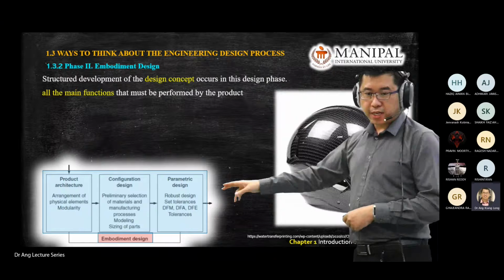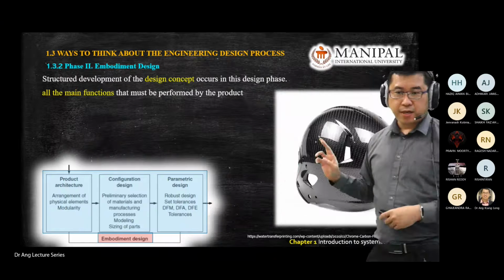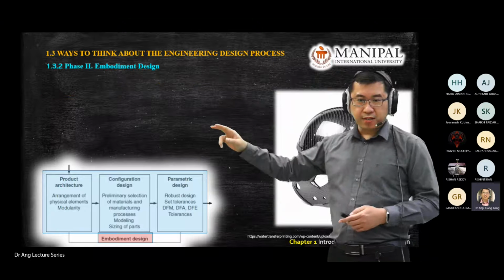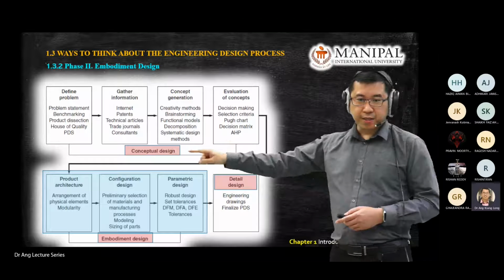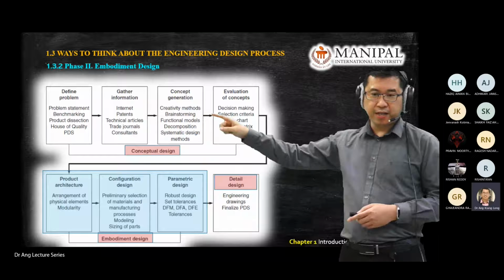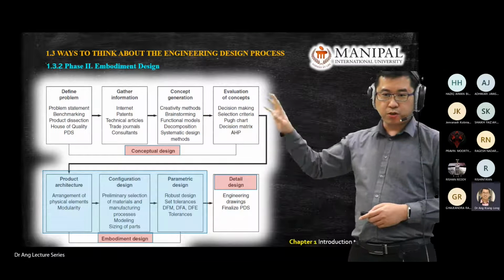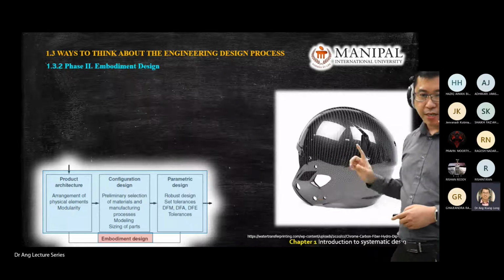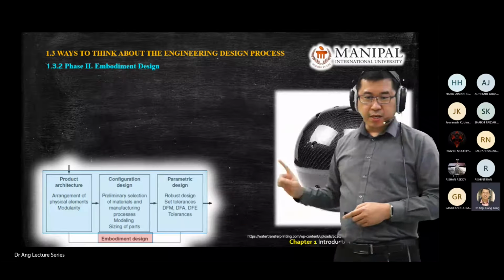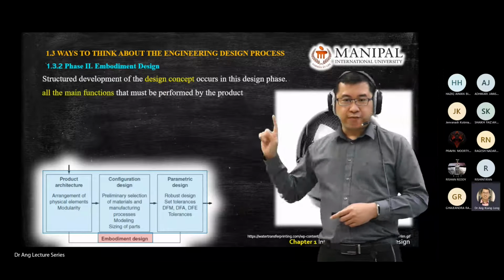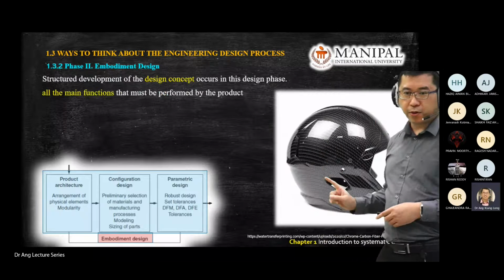During the embodiment, you convert what you did in the conceptual design. You had a lot of helmet designs previously, you chose one design, you chose the material. Then in this case, when you come to embodiment, you look at the function of all the parts.